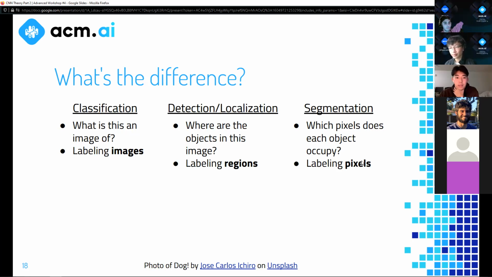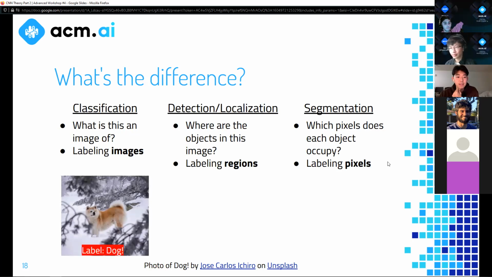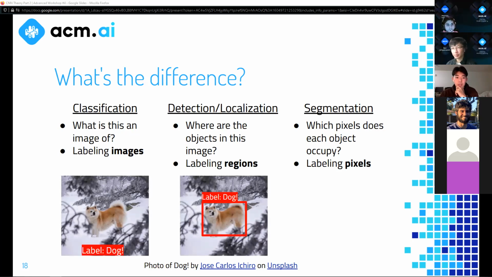In this image, we get our network to label this as a dog. So good job. Detection and localization: we're trying to answer where the objects in this image are. So we're trying to label different regions of an image. So we make a little bounding box, a localization of where a dog might be.